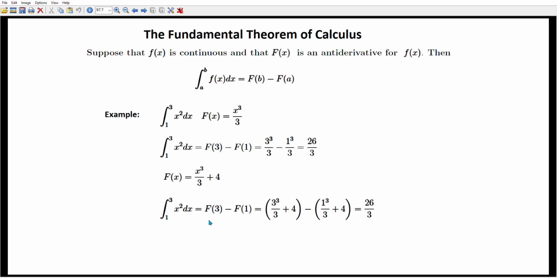We use the fundamental theorem, we get F of 3 minus F of 1, which is 3 cubed over 3 plus 4, minus 1 cubed over 3 plus 4, which is again 26/3. And as you can see, what's happened is the 4's have canceled. So it doesn't matter what antiderivative you choose to use this fundamental theorem. So you should choose an antiderivative that makes your calculation relatively easy.